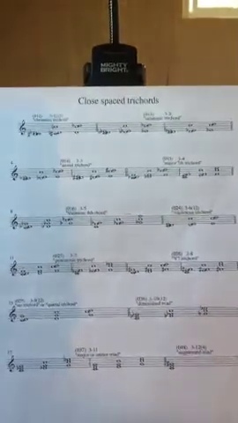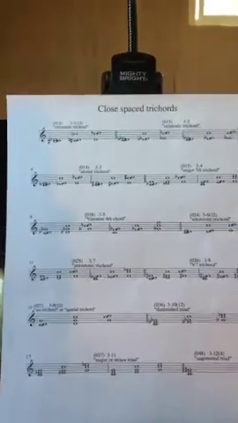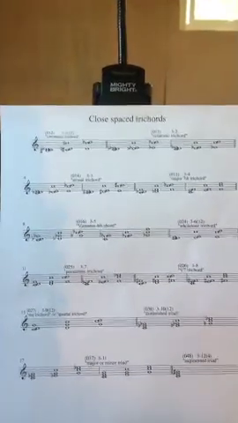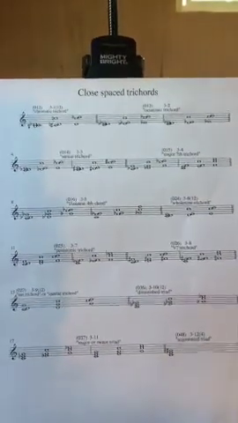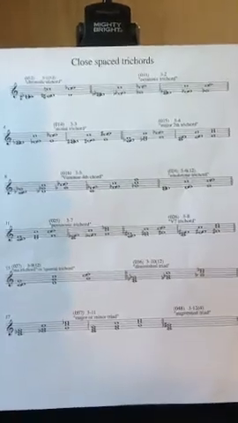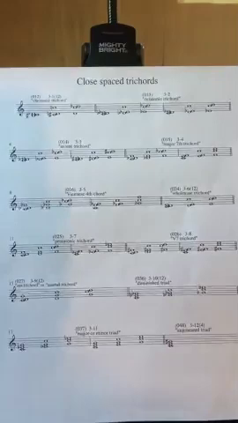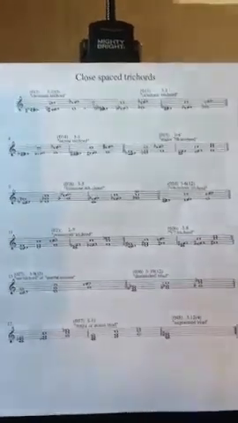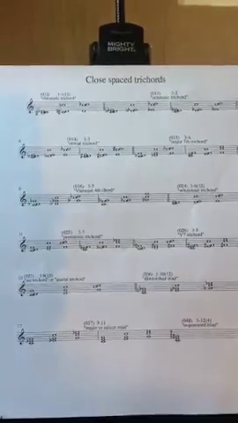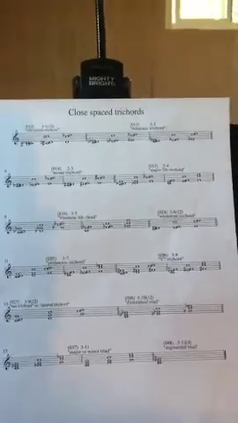Now you've noticed that I've included the three close spaced rotations of that same chord. There are only three: 0, 1, 2, 0, 1, 11, I guess, and then 0, 10, 11.